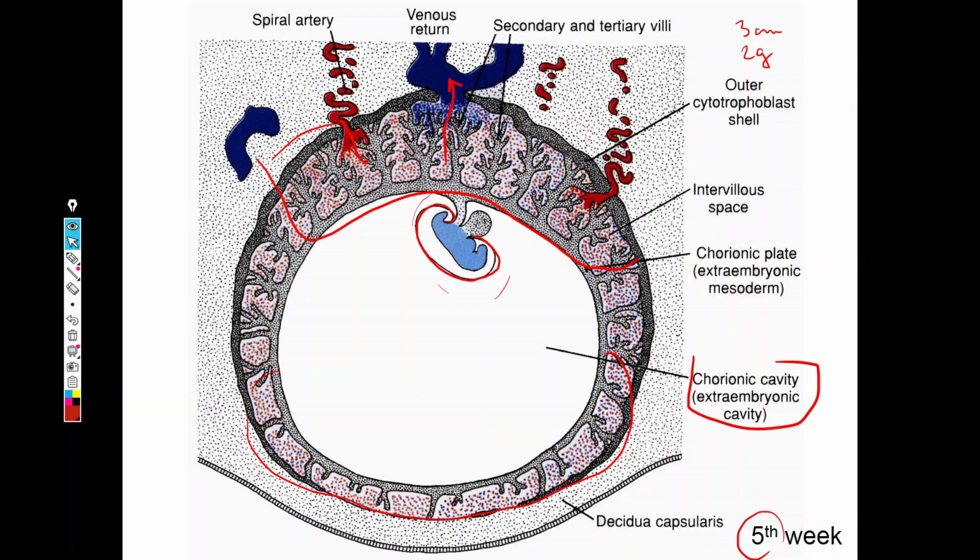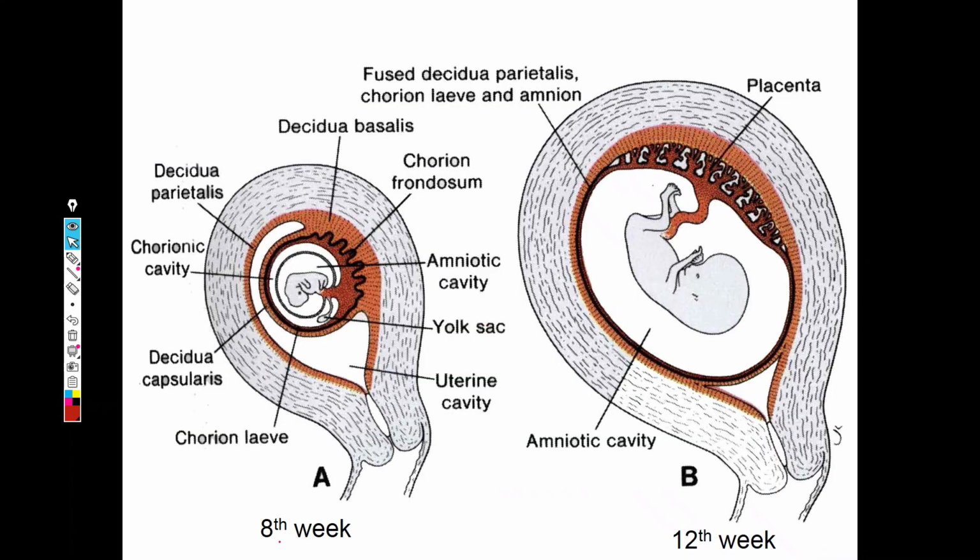But what is going to happen? At the 8th week, however, there is no such big difference as before. Here we have a big amniotic cavity around the embryo, and the chorionic cavity isn't that big. It's almost the same as the amniotic cavity. So the embryo is bigger and these cavities are almost the same.